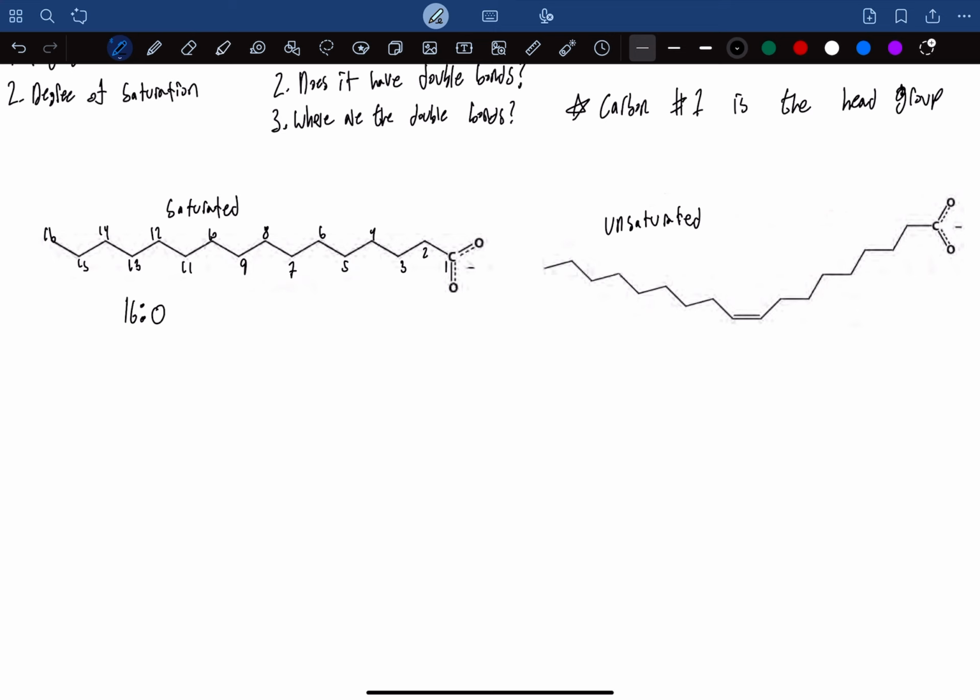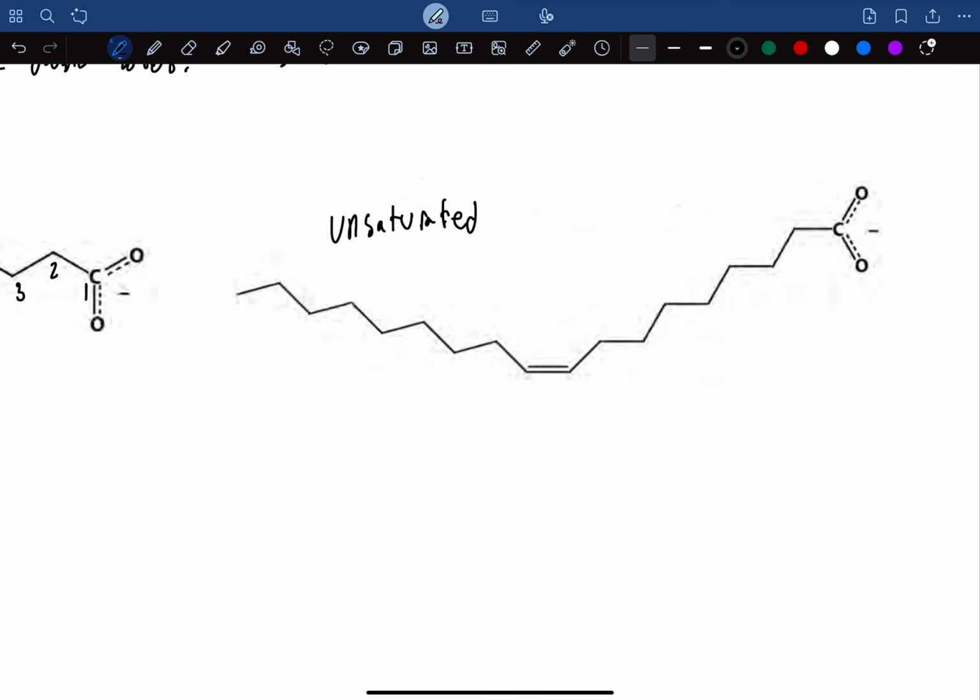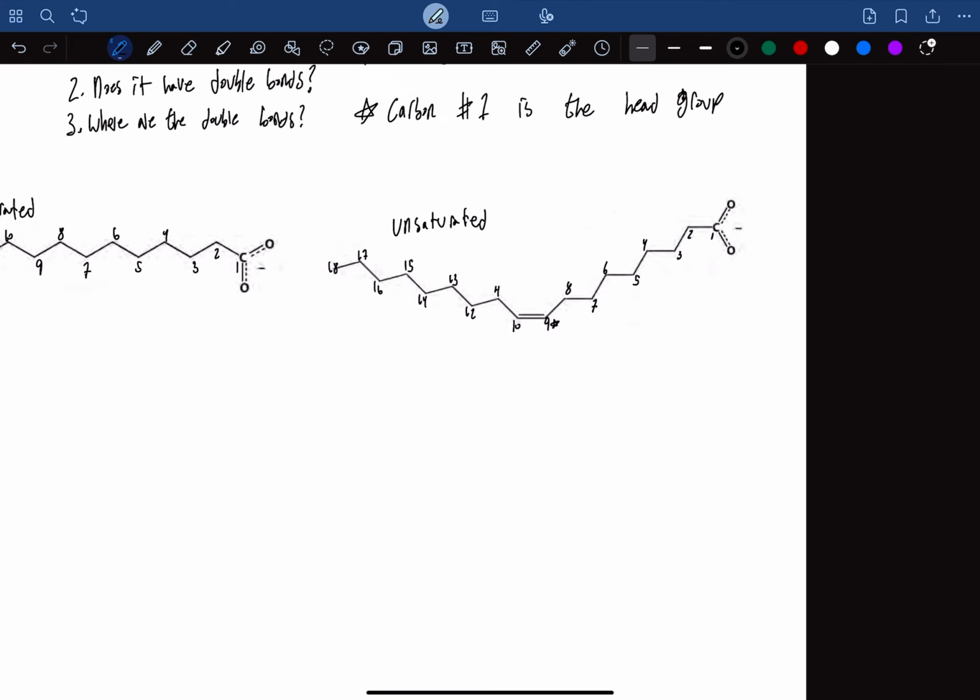So let's try the other one. We have to start here. There's 1, 2, 3, 4, 5, 6, 7, 8, 9. This is important, this is where the double bond is. 10, 11, 12, 13, 14, 15, 16, 17, 18. This one's similar.